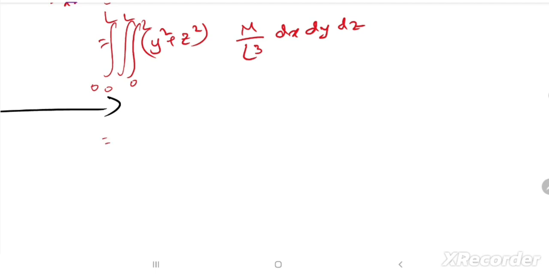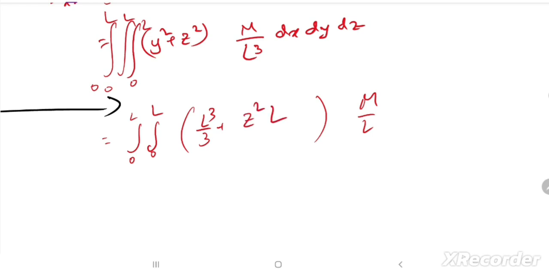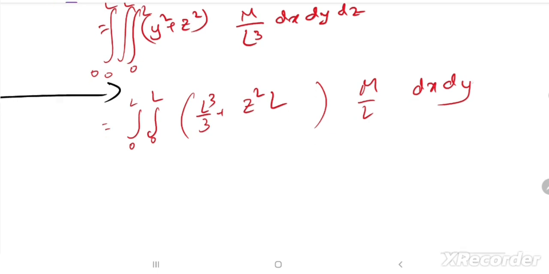First we'll be integrating with respect to y, or we can do z, whatever it is, we'll get 0 to l, 0 to l. Integrating with respect to y, we'll get l cube by third plus z square l, dx dz.